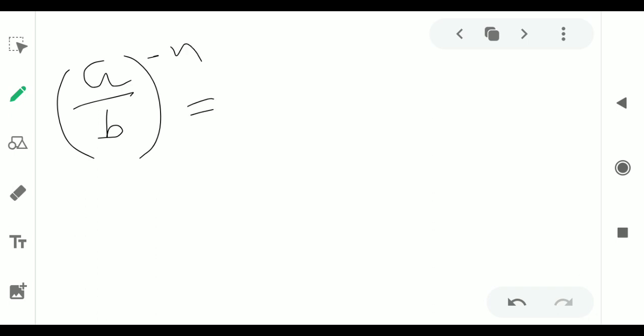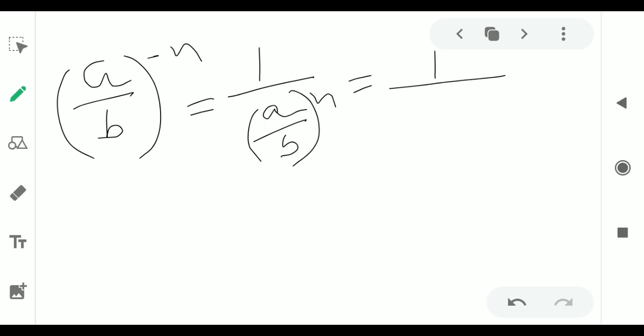Suppose any rational number a by b whole to the power minus n. As the power is negative, we can write 1 by (a by b) whole to the power n. So this we can write 1 by a to the power n by b to the power n.